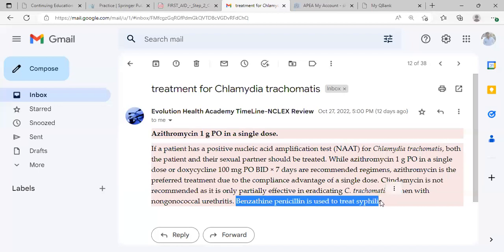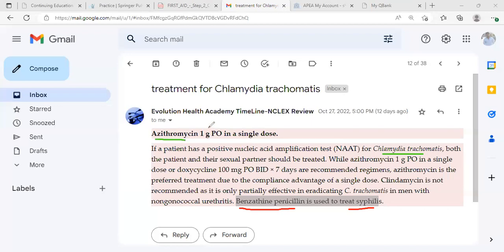So what do we learn from here? We learn 3 pieces of information, right? 1, if a patient has syphilis, we give them benzathine penicillin. If my patient has chlamydia, we can give azithromycin, but it should be 1 gram.